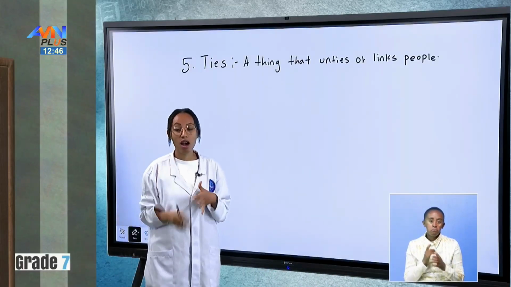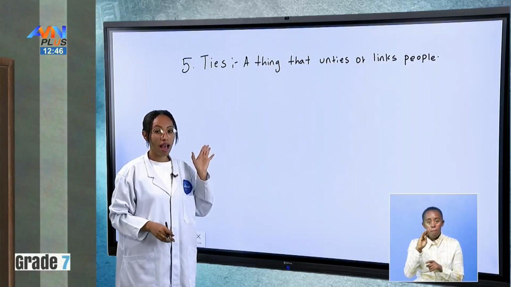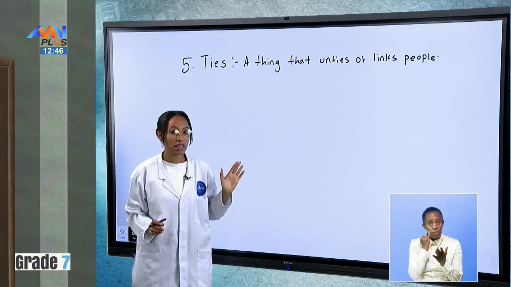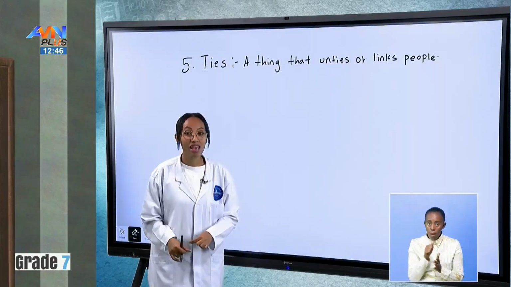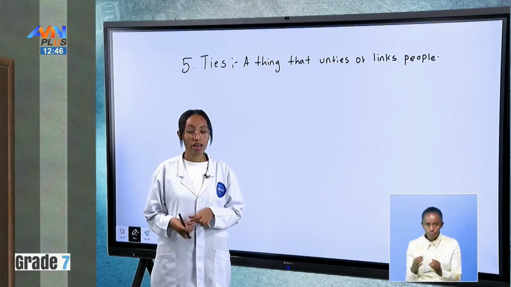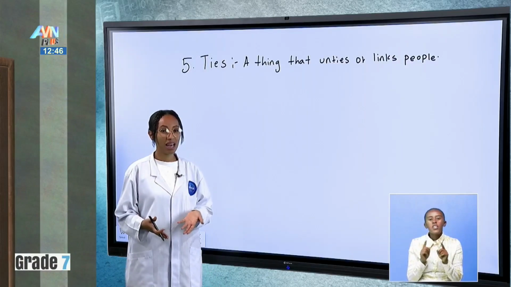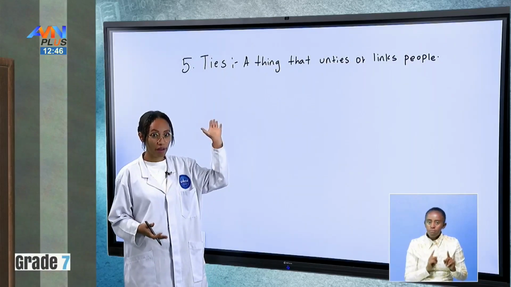Just like combat, this word has another definition. If I say, for example, I am tying my shoe, then I am referring to a different meaning than the one that we have here.